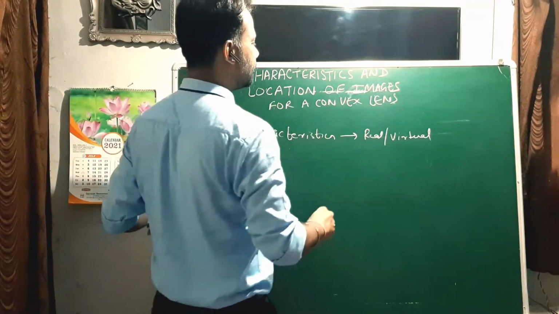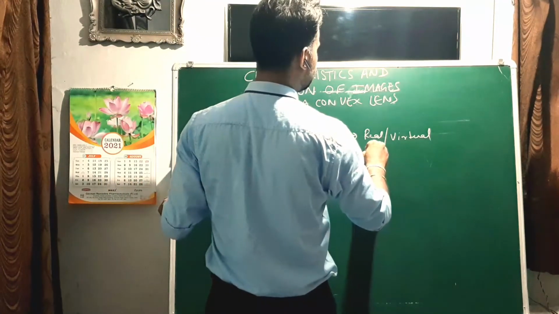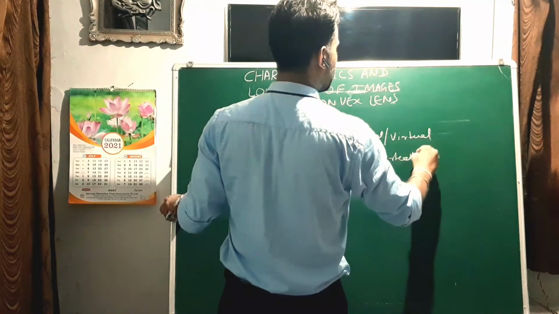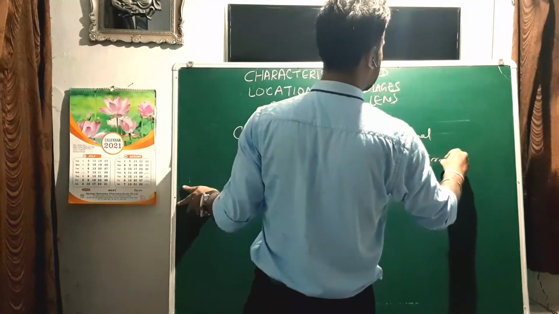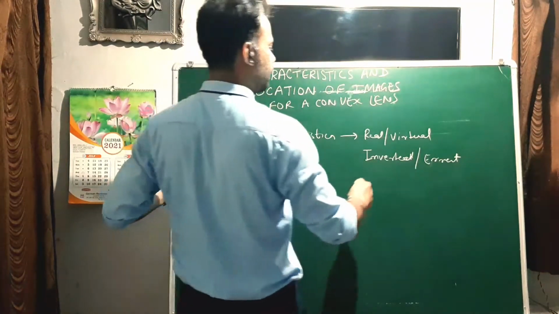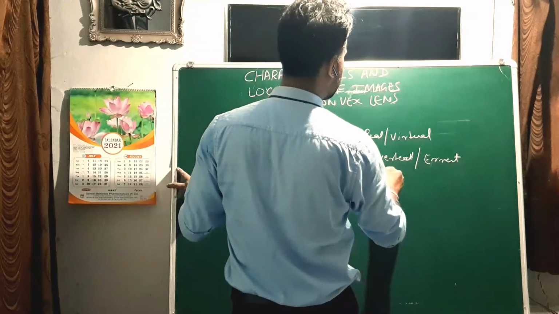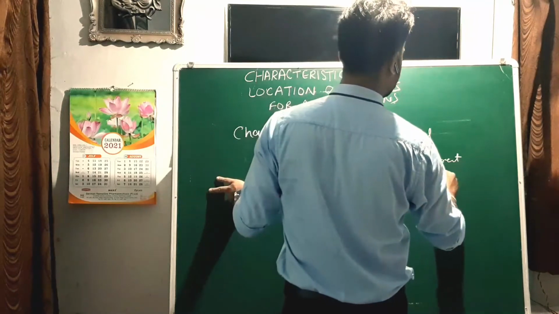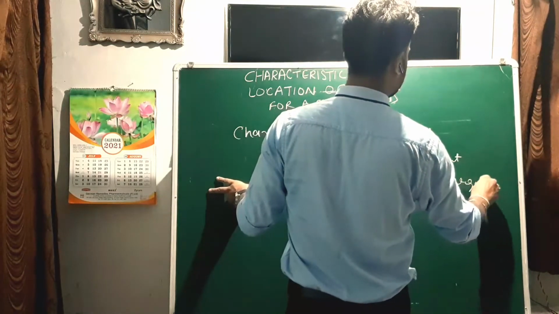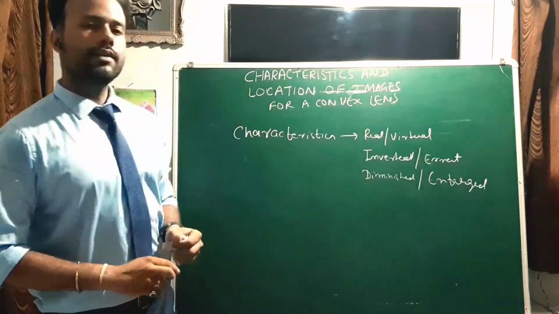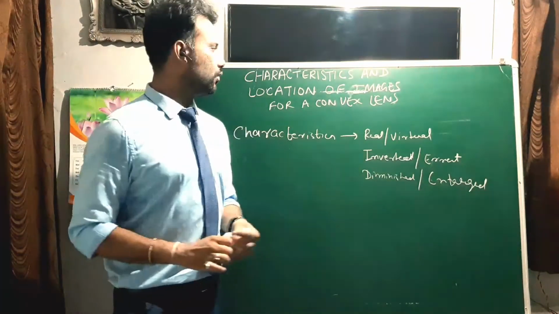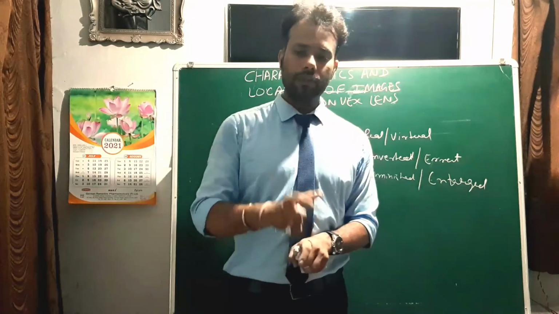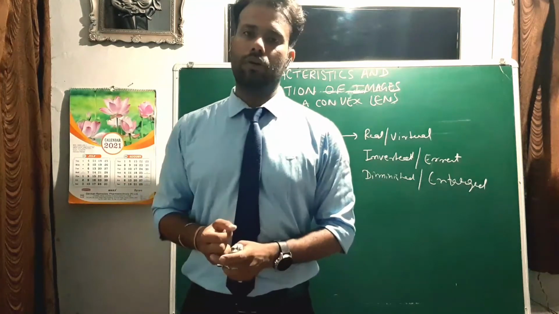Second, is it inverted or erect? And third, is it diminished or enlarged? So these three points are considered in the case of characteristics, and obviously the location where the image is being formed with respect to the convex or concave lens.